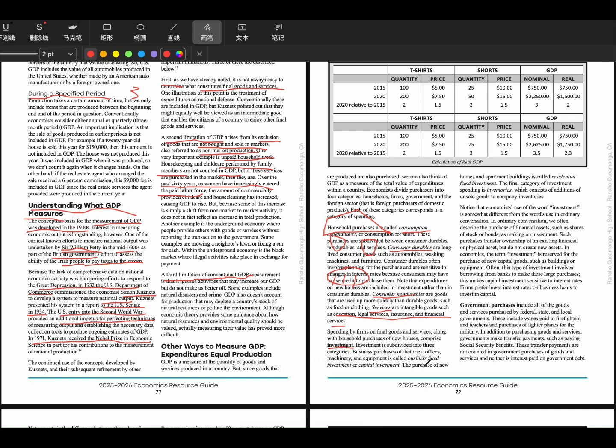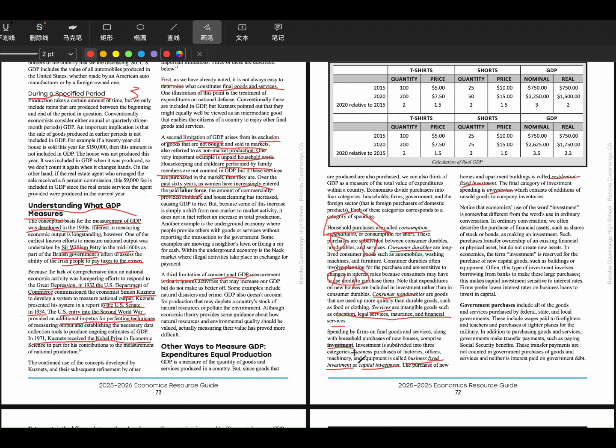Because there are many types of investment actually. There's business fixed investment, capital investment, residential investment, and inventories. So there's 4, or 3 if you count business fixed investment and capital investment as the same thing.